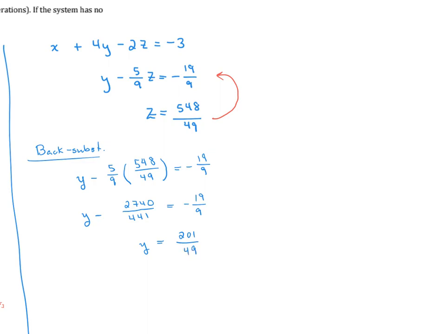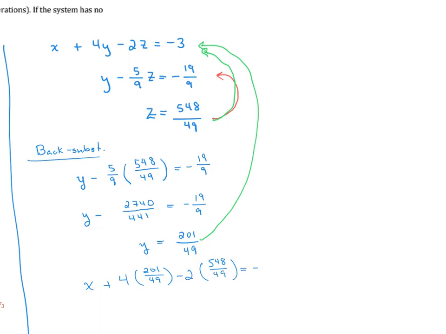And now we can take that quantity and back substitute along with our z value into our first equation. And so we have x plus 4 times y, which is 201 over 49, minus 2 times z, which we found to be 548 over 49. And this is going to equal negative 3.